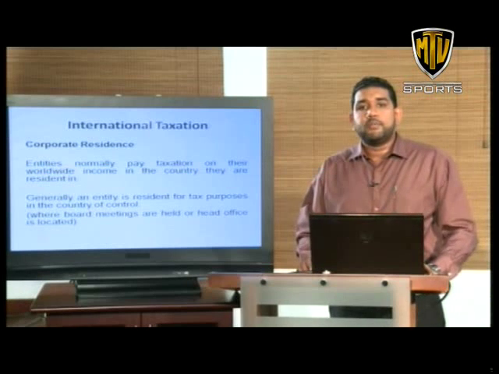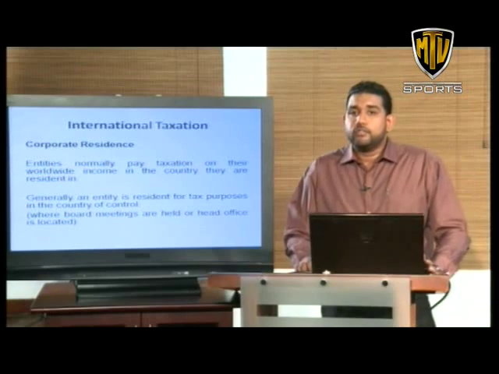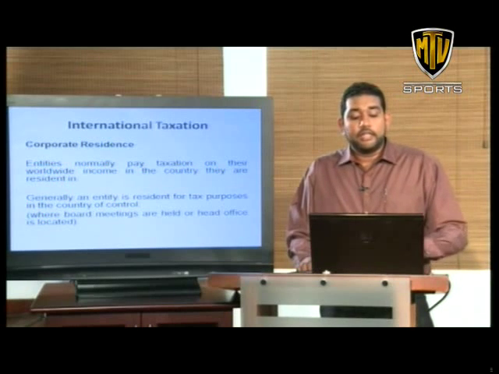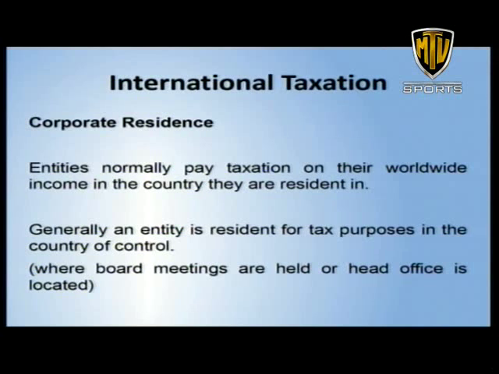When we look at corporate residence, the worldwide approach in corporate taxation is that entities normally pay tax on their worldwide income in the country they are resident in. Worldwide income includes the income they generate in their country of corporate residence as well as any income they generate from overseas countries.